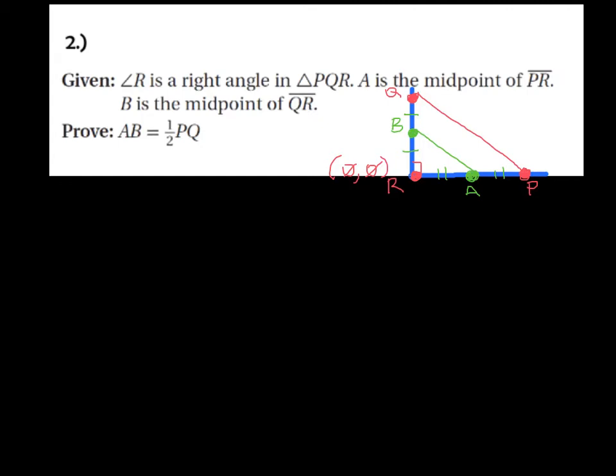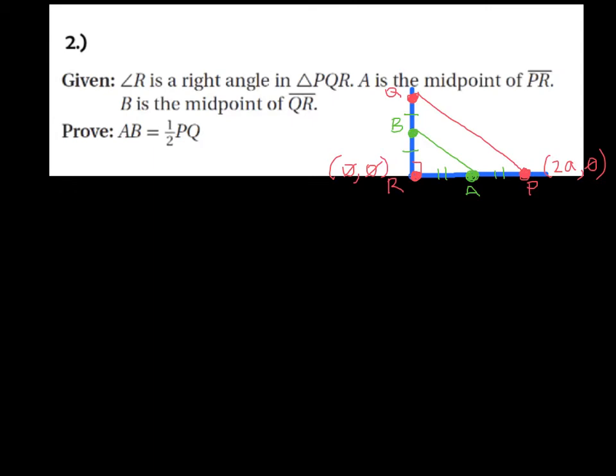From here, just like on the last one, I would encourage you to use multiples of 2 or something divisible by 2, since you're using midpoint. So the coordinates of P, I'm going to use as 2a, comma 0, because I don't really know the coordinates of A, but I know 2 times that will give me the coordinate of P since it's a midpoint.